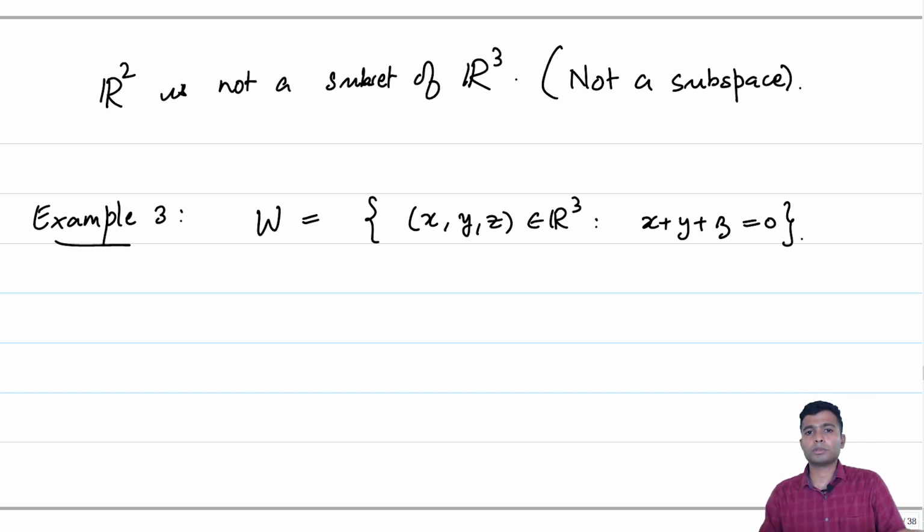So, we just have to check that W is closed under vector addition, which is borrowed from R3, and scalar multiplication, which is also borrowed from R3.